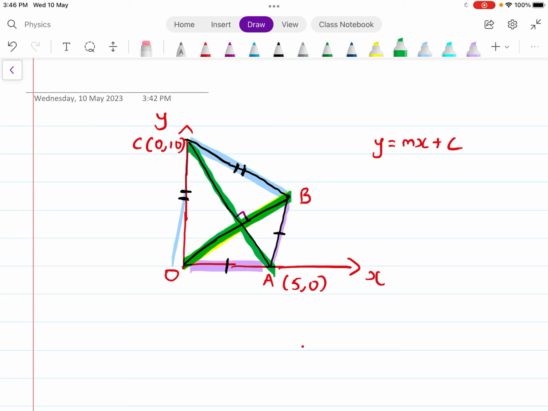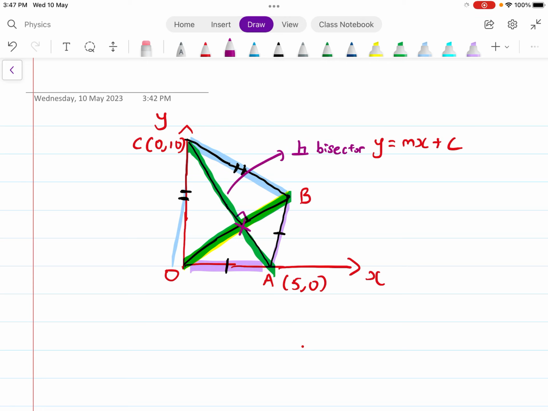This is very important. The last property that we must know is that AC cuts OB at the center, meaning that AC is the perpendicular bisector. So this part right here is the so-called midpoint of OB.